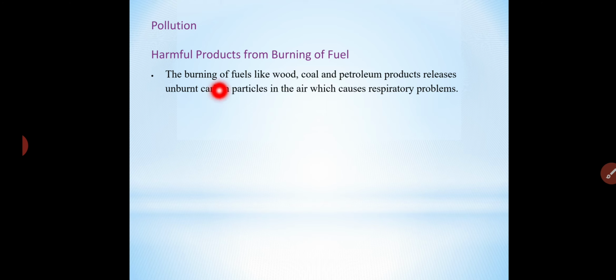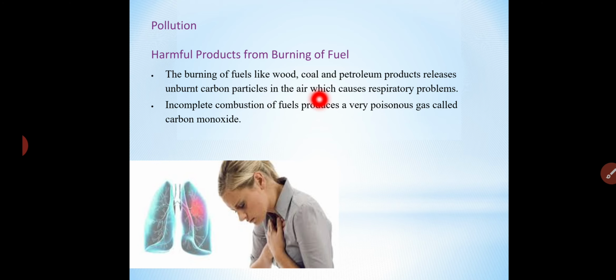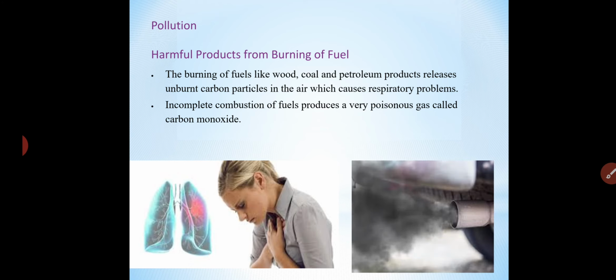The burning of fuel like wood, coal, and petroleum products releases unburnt carbon particles in the air, which causes respiratory problems. Incomplete combustion of a fuel produces a very poisonous gas called carbon monoxide, which also affects our health.